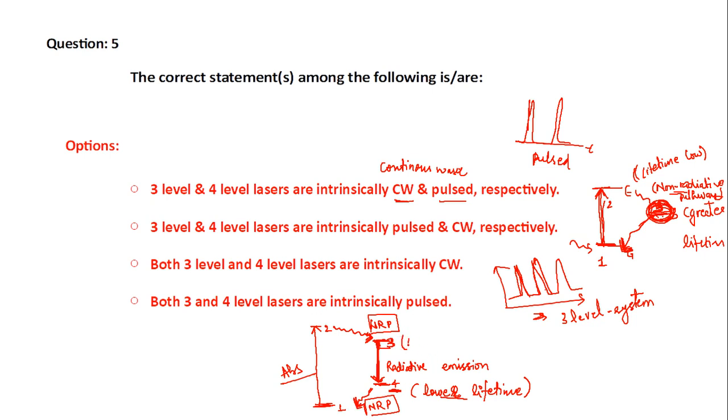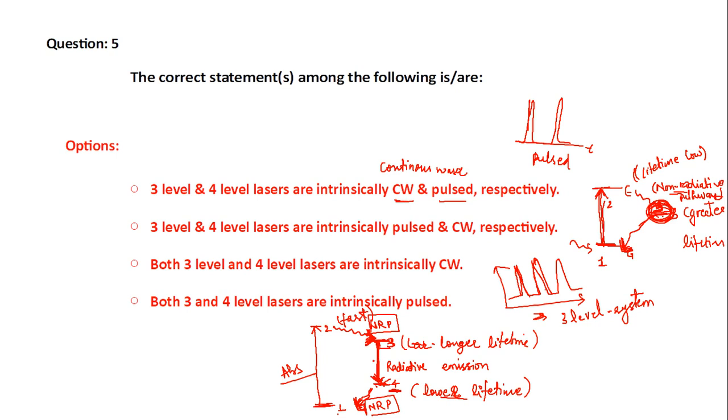Since this has a longer lifetime, and this is a shorter lifetime, and from 1 to 2 is also a fast process, most of the molecules will reach this third excited state. And after that, from 3 to 4 a radiative emission happens, and from 4 to 1 the molecules immediately, without taking much time, reach the ground state back.